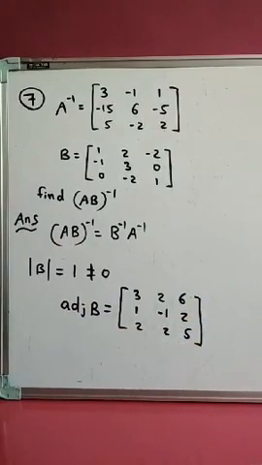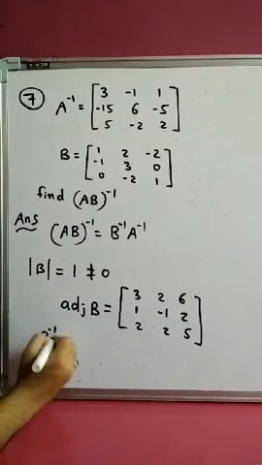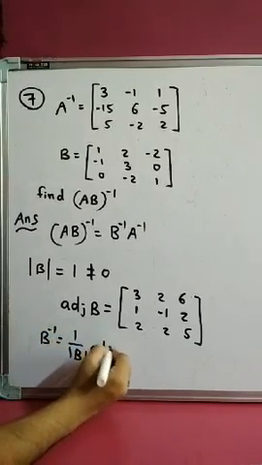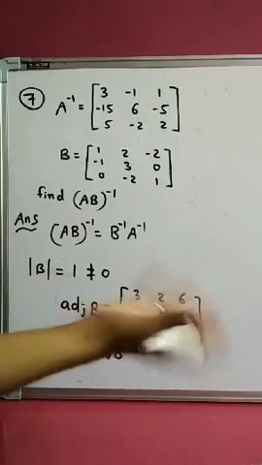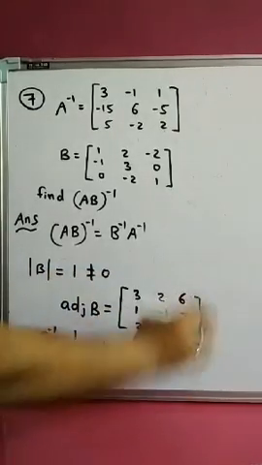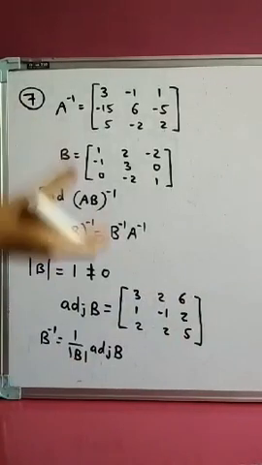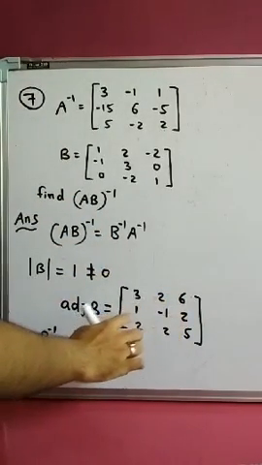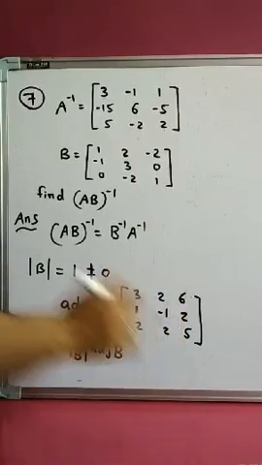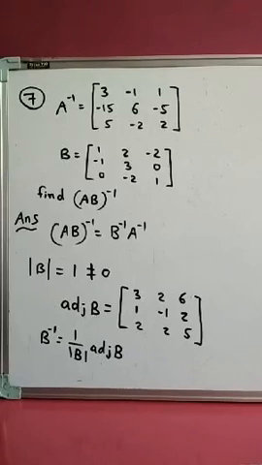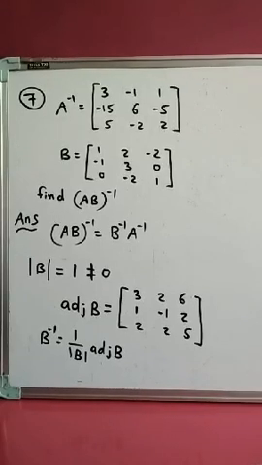Now for B inverse we have the formula: B inverse is 1 by determinant B into adjoint of B. Determinant B is 1, so no need to do anything. So your B inverse is 3 2 6, 1 minus 1 2, 2 2 5. This is your adjoint of B, and this is also B inverse.